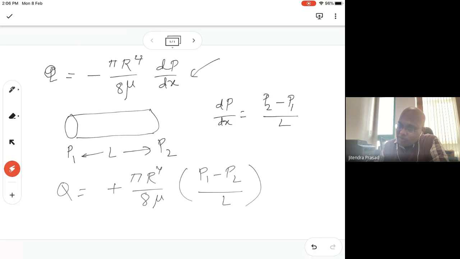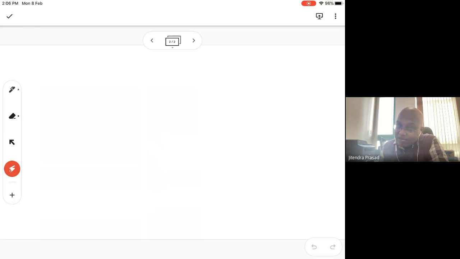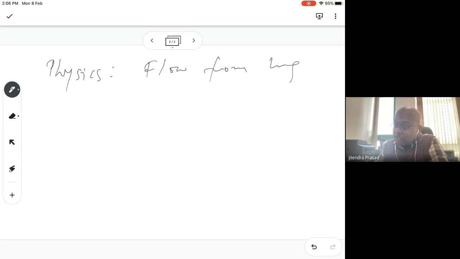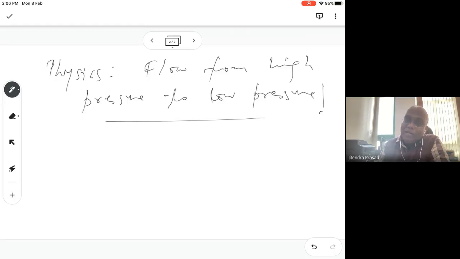Don't be confused about which one will be what. I did it just to make you understand. And don't forget the physics. Remember the physics: flow goes from high pressure to low pressure. As long as you maintain this, you will be all right.